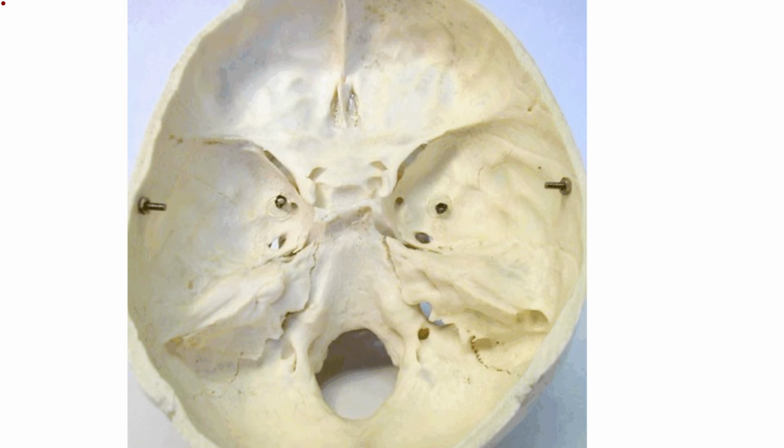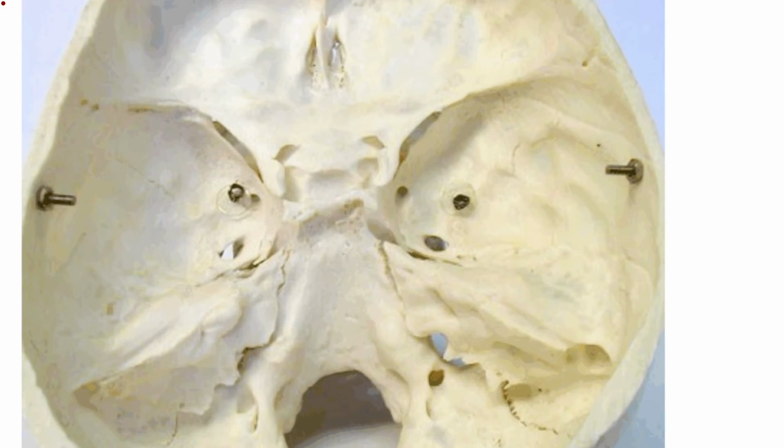So I'm going to zoom in. On this ethmoid, you have some depressions here and here that have holes in them. And then you have a ridge here between those areas.